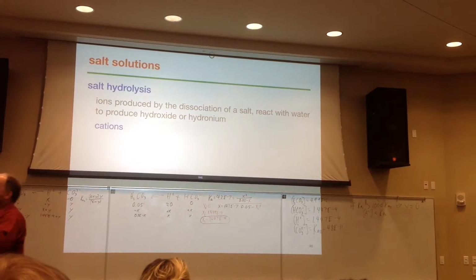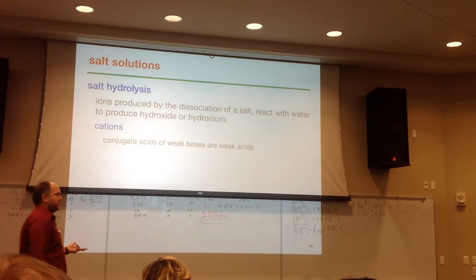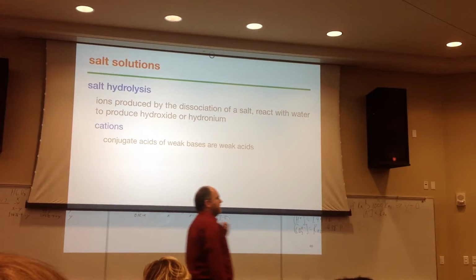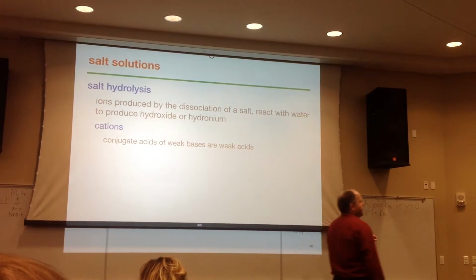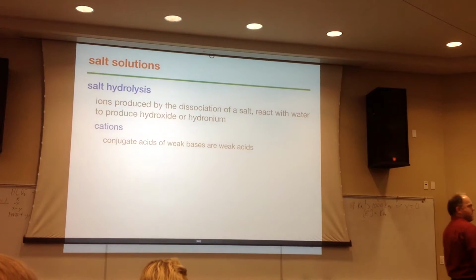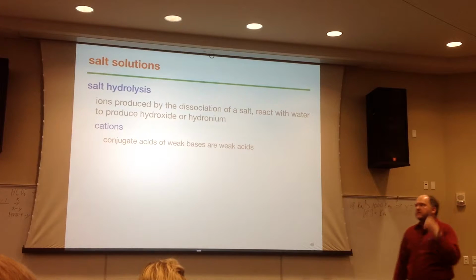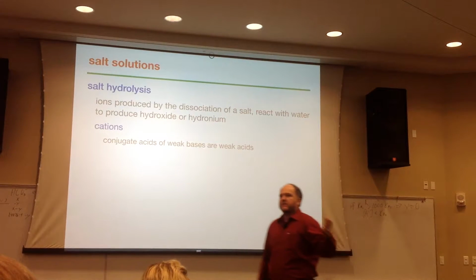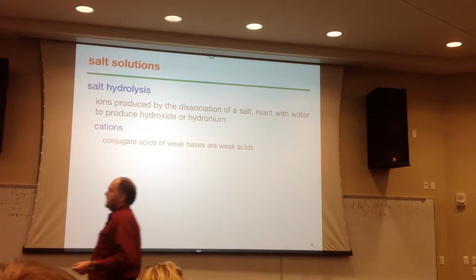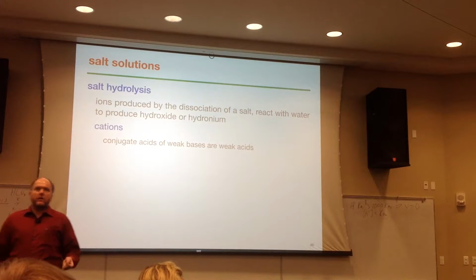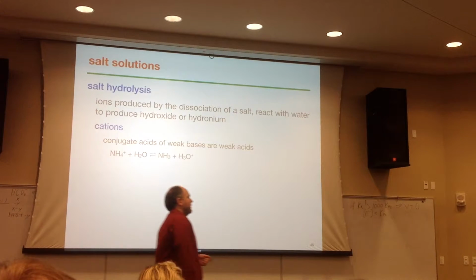All right, so there are a couple of things we need to consider here. Cations are typically going to be conjugate acids of weak bases. Ammonium, for example, is a cation. Ammonium is the conjugate acid of ammonia. Those are going to undergo hydrolysis in water.